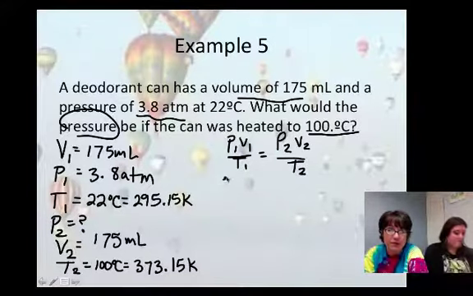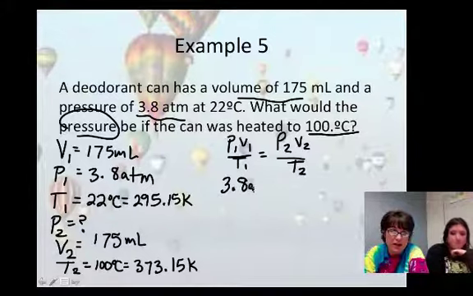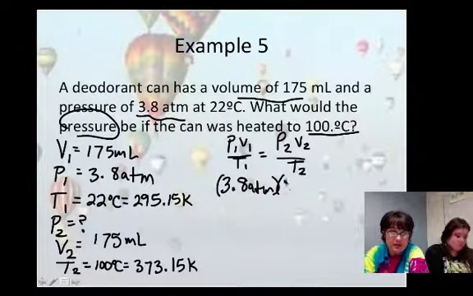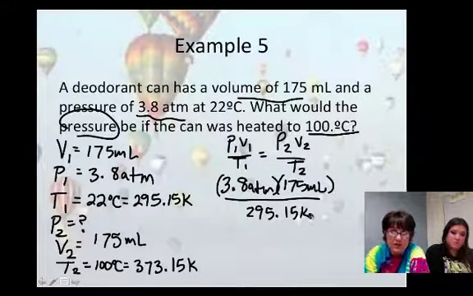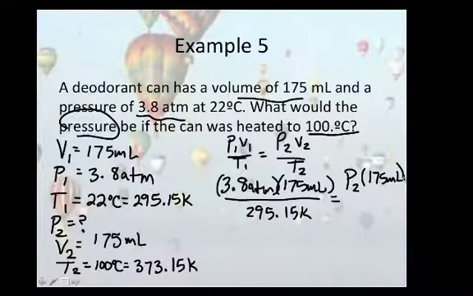Okay, might as well. So 3.8 atmospheres times V1, 175 milliliters. Then we'll divide by T1, 295.15 kelvins. And that's equal to P2 times 175 milliliters divided by 373.15 kelvins.